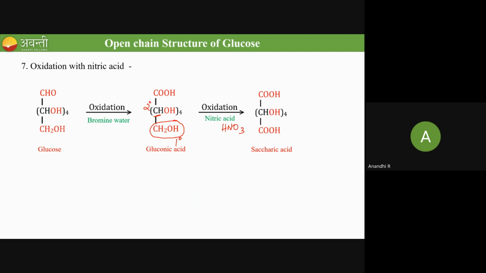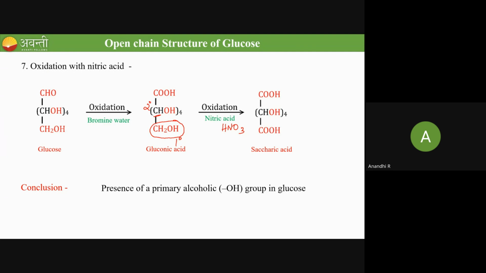Secondary alcohols are not undergoing oxidation with HNO3. Got it? So what is the conclusion? The presence of a primary alcoholic group in the glucose molecule is the conclusion from this particular reaction. If a molecule contains 2 COOH groups at the first and last carbon, then it is called saccharic acid. And if only one COOH is there in the first position, it is gluconic acid.